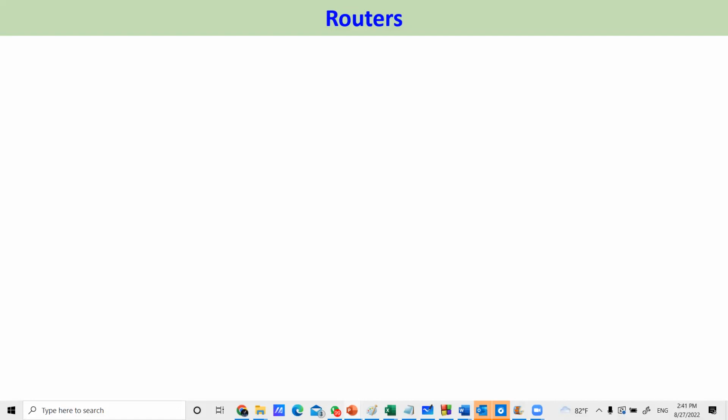Sometimes at home they use small routers to connect your personal devices. That means if you want to connect a personal area network, home network, the device used is the router. Through routers, you can connect your personal devices to the internet.